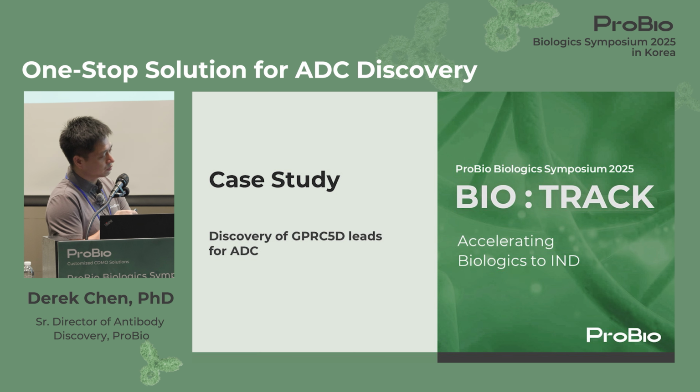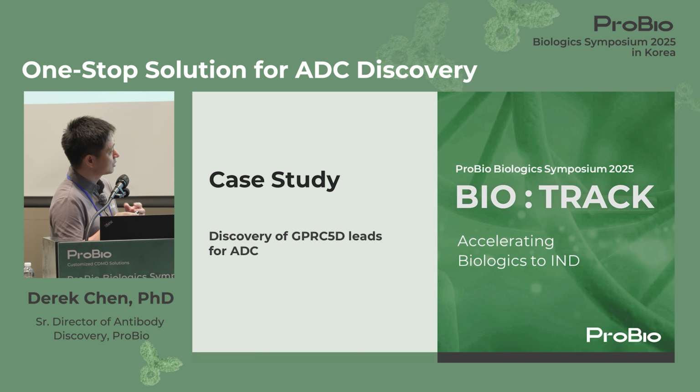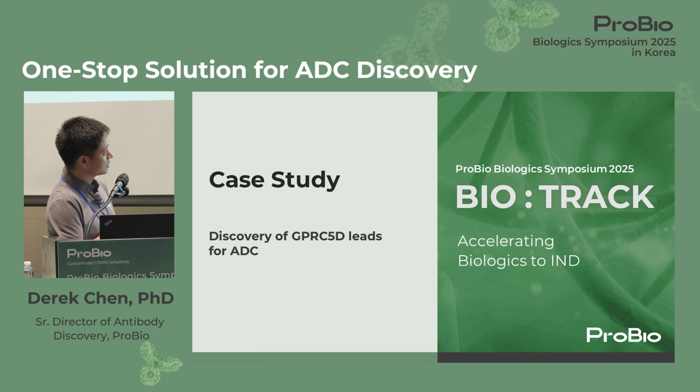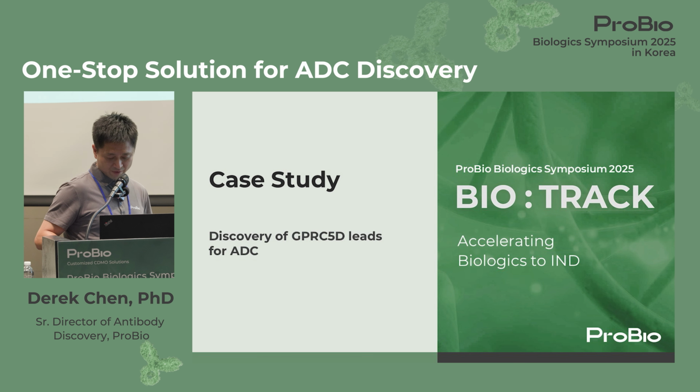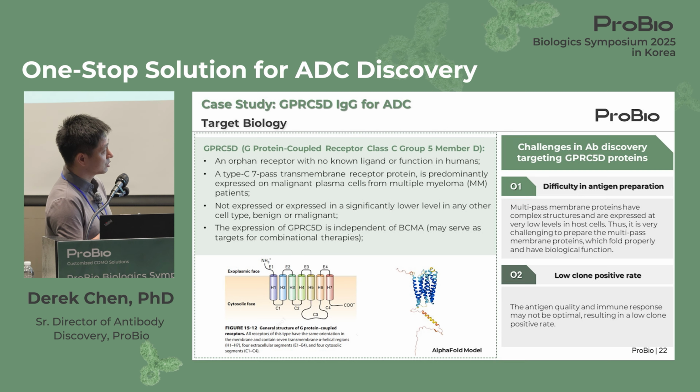Okay, so for the last part, let's have a review of case studies. This case study is a discovery of ADCs against GPRC5D. GPRC5D is a very popular tumor-associated antigen in recent years in cell therapies, in T-cell engagers, and also in ADCs.